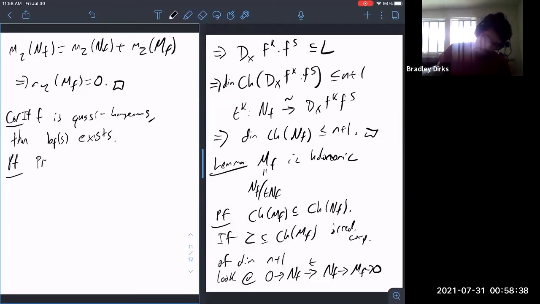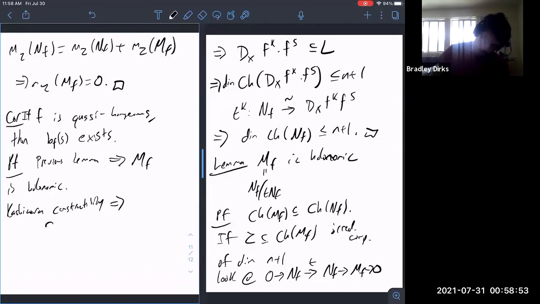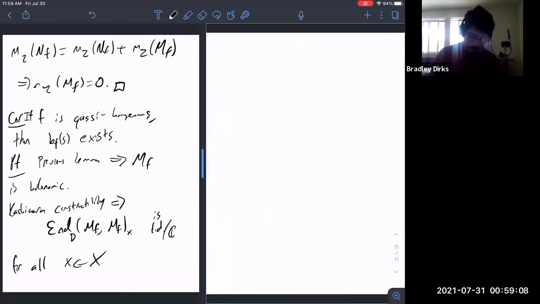Okay, so the previous lemmas imply M_f is holonomic. And then this Kashiwara constructibility implies that the endomorphisms of M_f, D_X, is finite dimensional over C for all x in X. Okay, but s is one of these endomorphisms of M_f, right?